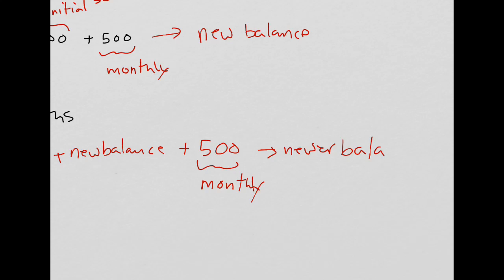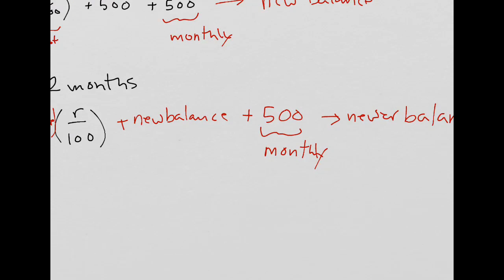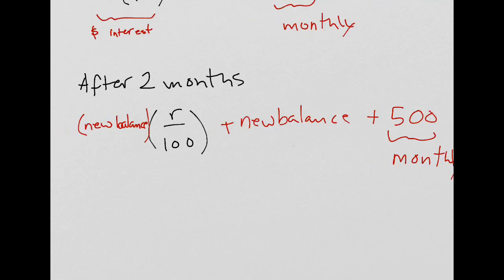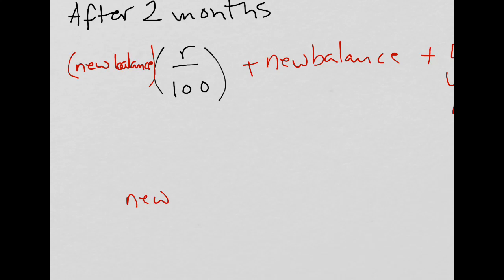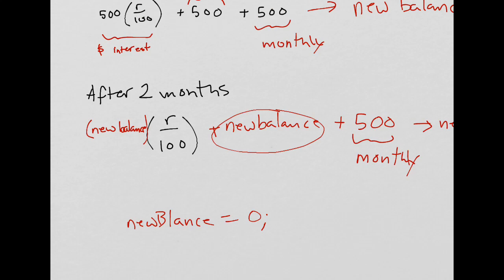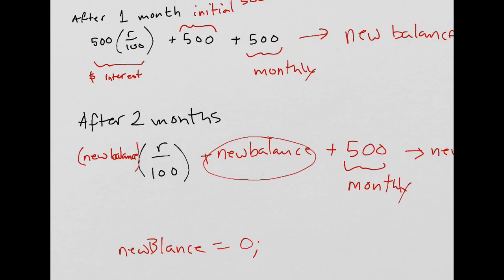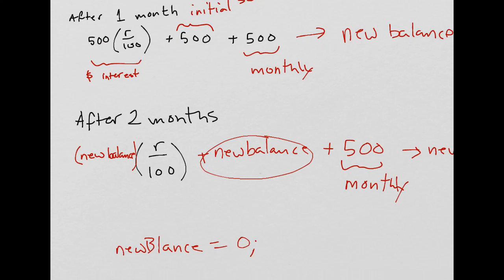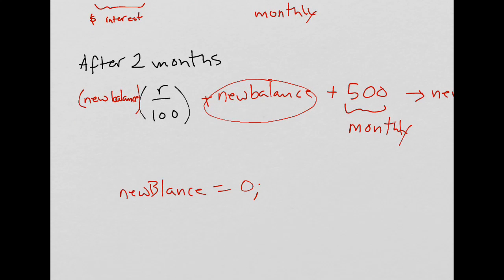And that gives me another newer balance. And then I think I figured out the formula. So really what I'm thinking of is I'm going to make new balance. Now I'm writing it like in pseudocode. I'll initialize that with 0, and then I'll add it in every time. Actually, the first time I want it to be 500, because that's the balance that's in there. So maybe I won't initialize it to 0.